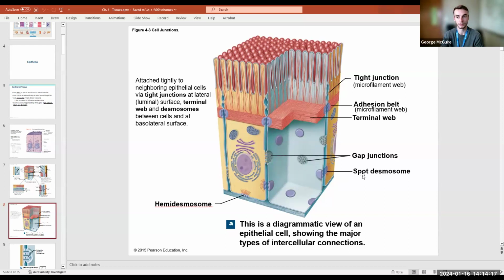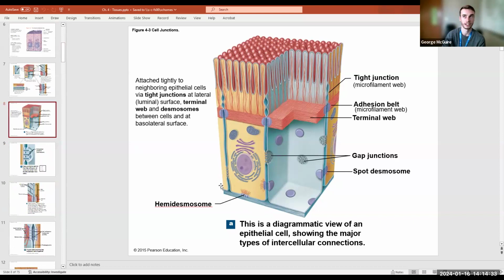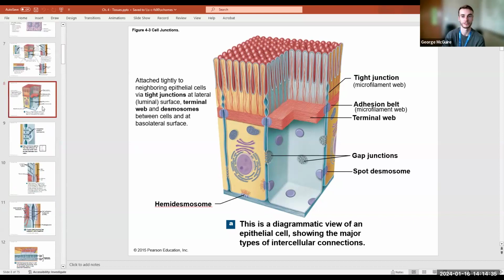We have a few different examples of desmosomes, but in general, it is essentially the cellular glue, super, super tight junctions between neighboring cells on our lateral surface. And then we have hemidesmosomes, which connect the basement membrane to the basal surface.